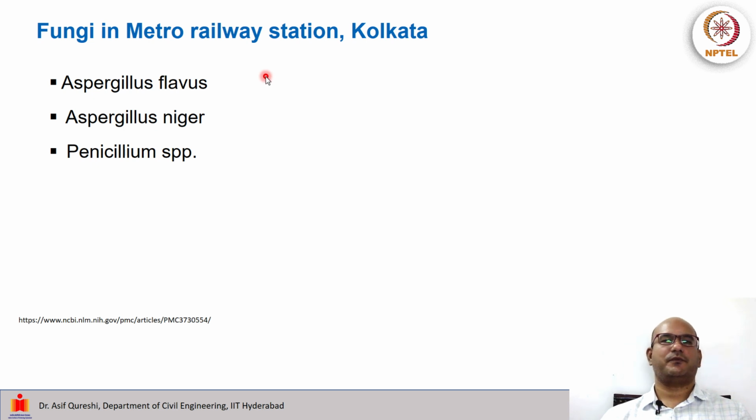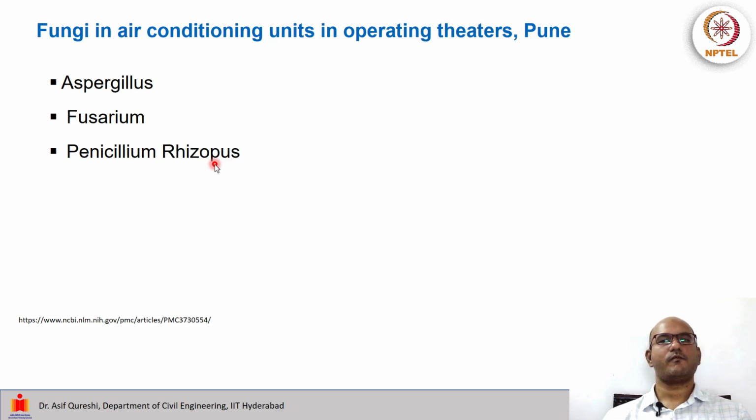Also these have been found in metro railway station areas: Aspergillus flavus, Aspergillus niger and Penicillium spp. In air conditioning units in operating theatres also fungi have been found, and again Aspergillus will come, then Fusarium, Penicillium.